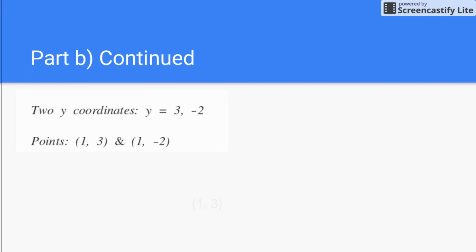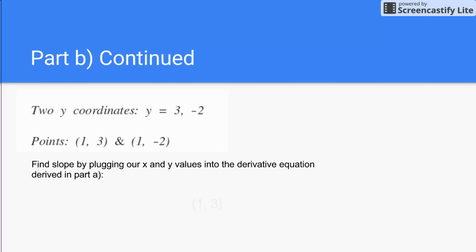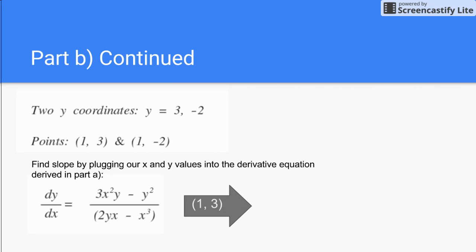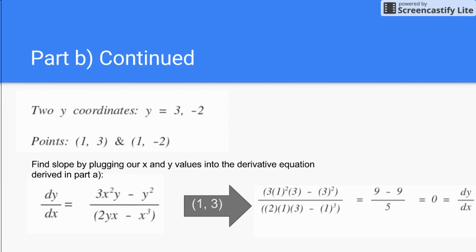And then, as previously mentioned, the x-coordinates are going to be 1 for both of those, so you're going to have (1, 3) and (1, -2). To find slope, we're going to plug our x and y values into the derivative equation, which we got from part A. Then you take the coordinates (1, 3) and substitute the 1 in for x and 3 in for y, which basically gives you 9 minus 9 over 5, which is equal to 0.